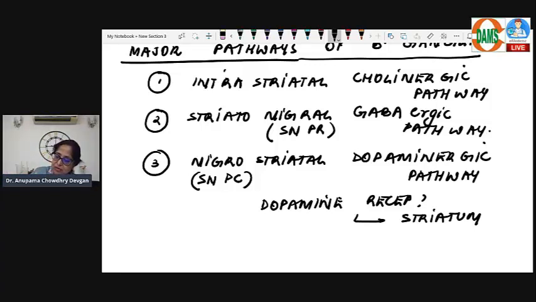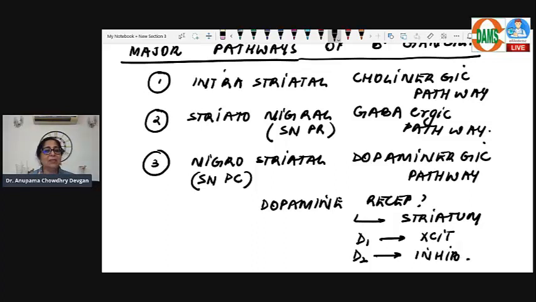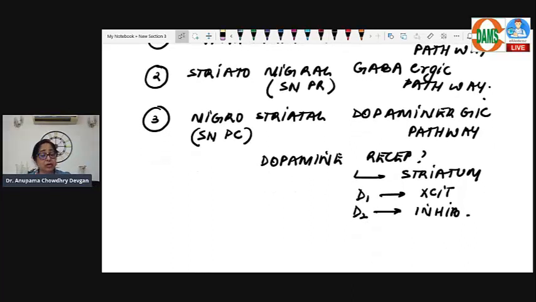And these dopamine receptors are of two types. There is D1 and D2. D1 is excitatory and D2 is inhibitory. Not neurons, receptors. Yes, the dopamine receptors, like I said, are present in the striatum. D1 is excitatory and D2 is inhibitory.